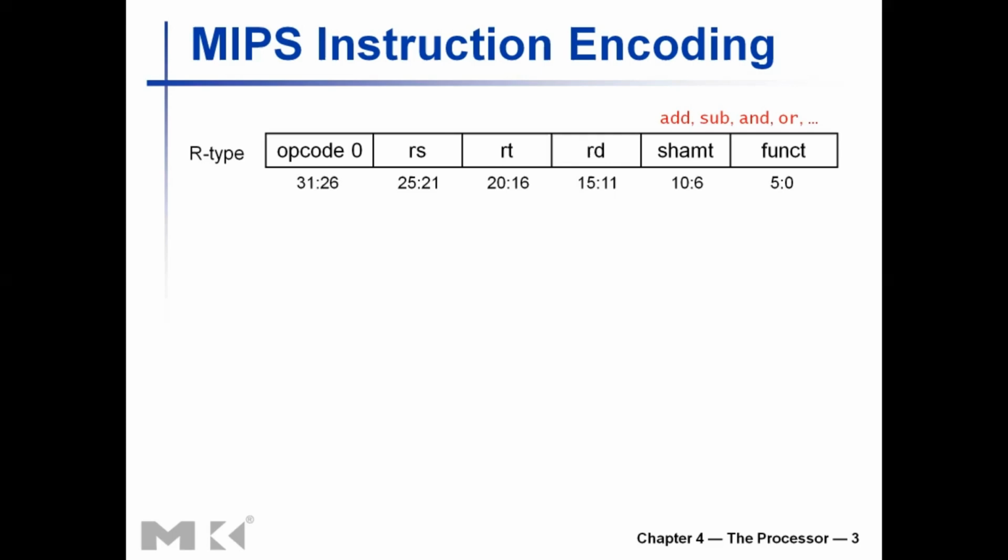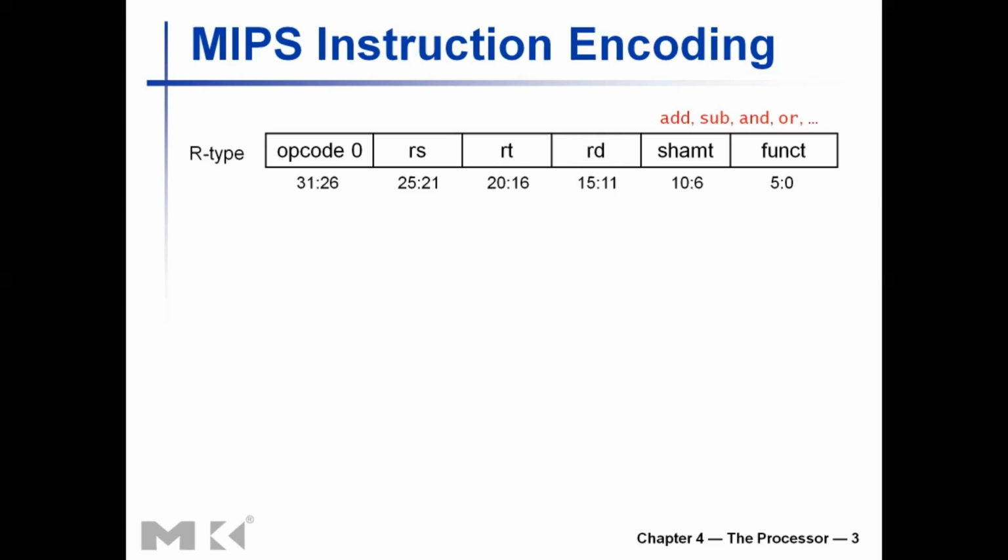The remaining bits are there to indicate what operation the ALU is supposed to do for this instruction, and then the shift amount. So SHAMT is the shift amount, from bit 6 to bit 10. Bit 0 to bit 5 is funct, or the function that the ALU is supposed to use.